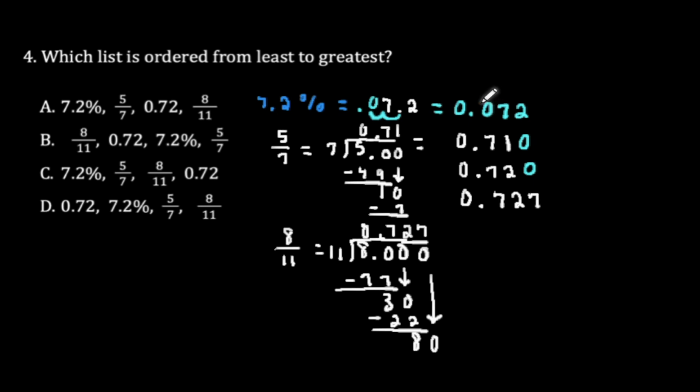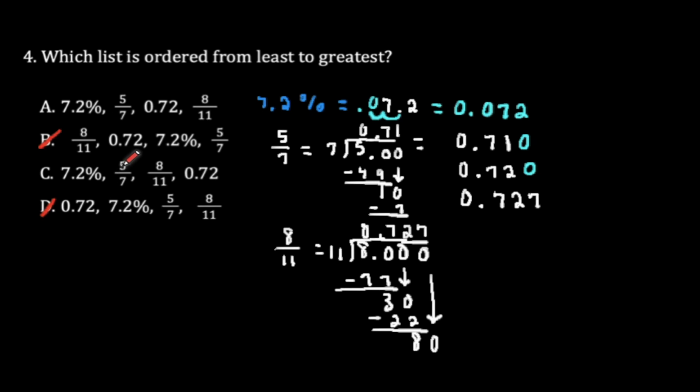So we can go ahead and eliminate answer choices from here. We know that 0.072, which is the same as 7.2%, will be first. That means we can eliminate choice B and choice D. So we're left with A and C.